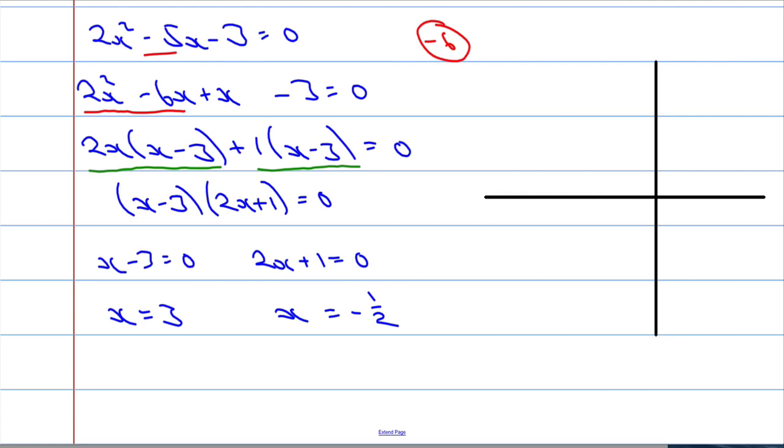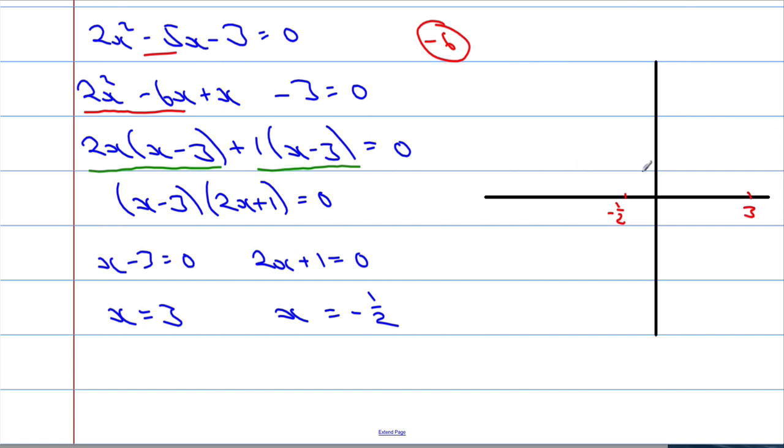And once again, we have to consider the shape of the graph. Well, it's positive 2x squared, which means it's a U-shaped graph. So it's going to pass through x equals negative 1/2, and it's going to pass through x equals 3.